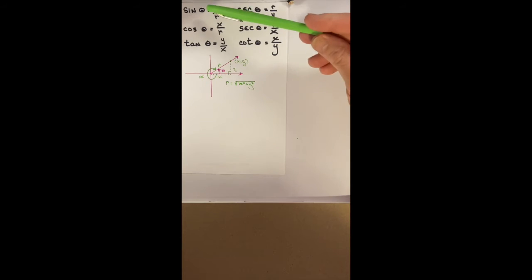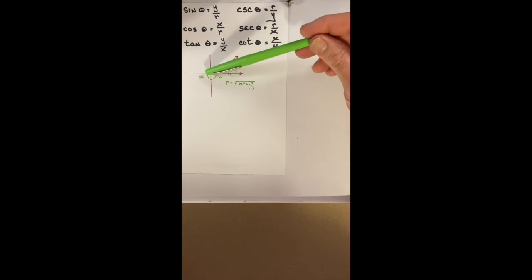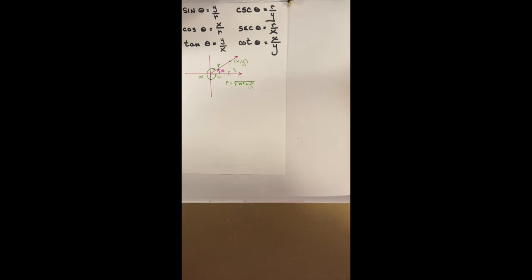If you're given any point on the terminal side of the angle, you can find the sine by taking the y-coordinate and dividing it by the radius, the distance from the origin to the point. You can find the cosine by taking the x-coordinate and dividing it by the radius, which is the distance from the vertex to the point on the terminal side.